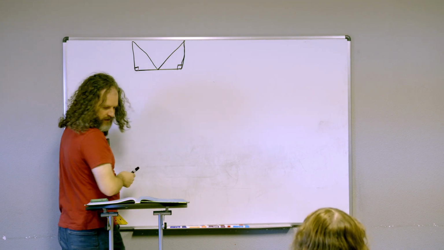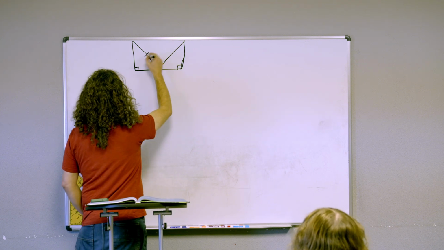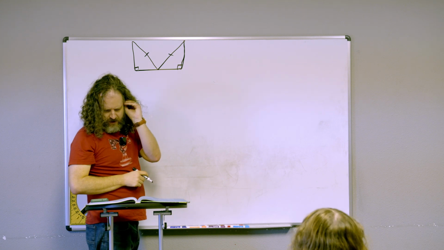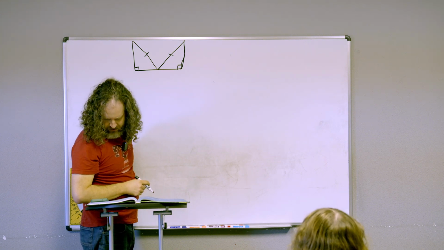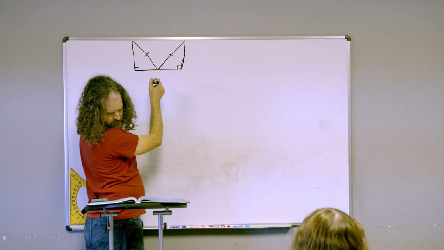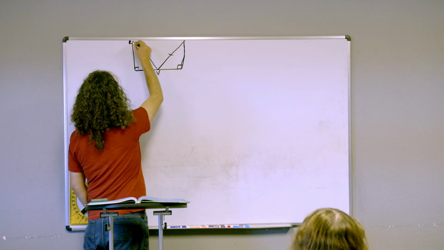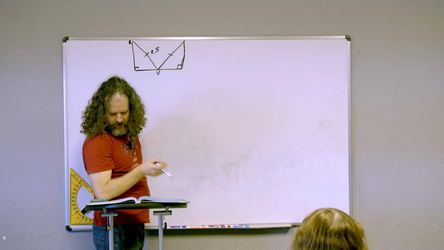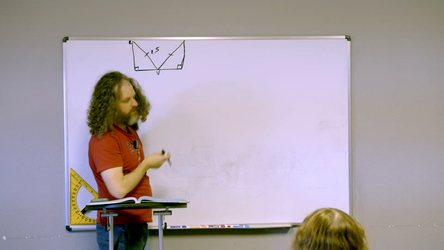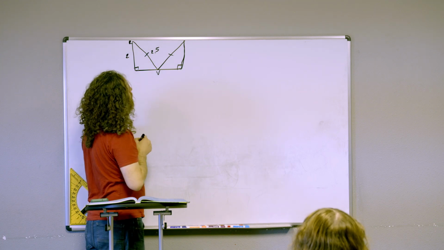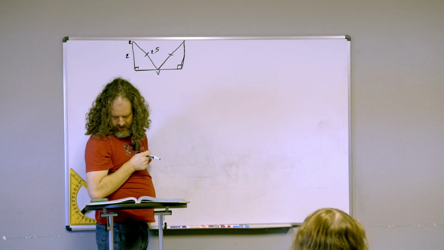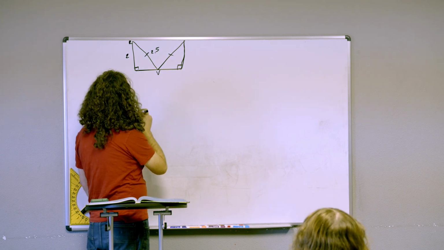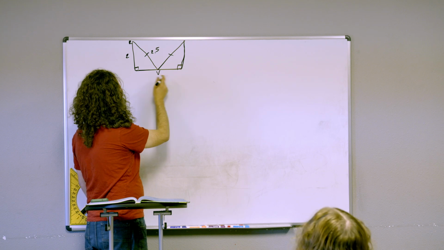It shows us this and this. 8b says, if the measure of VR, which is this one, is 2.5, and QR is 2 meters, which is this one, find the distance between QR and ST. So we want this distance, right?